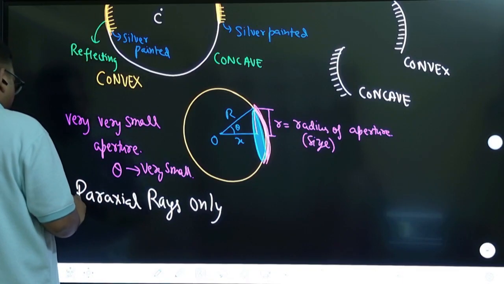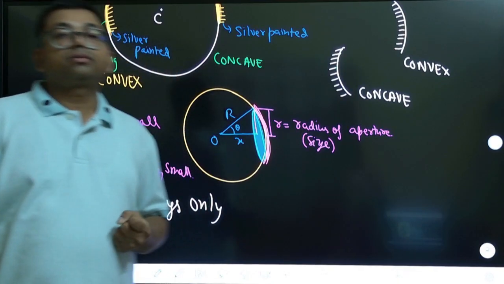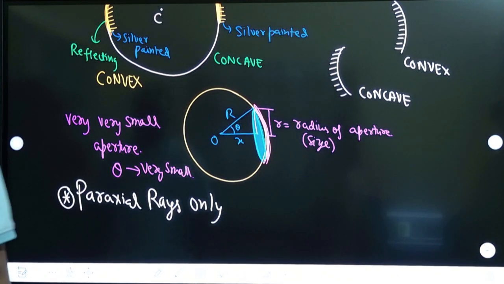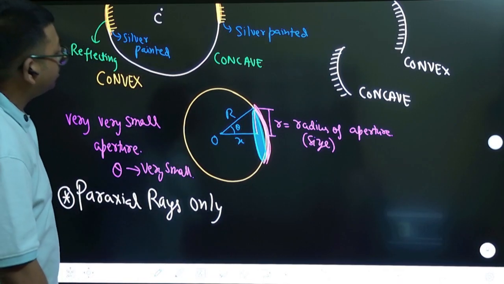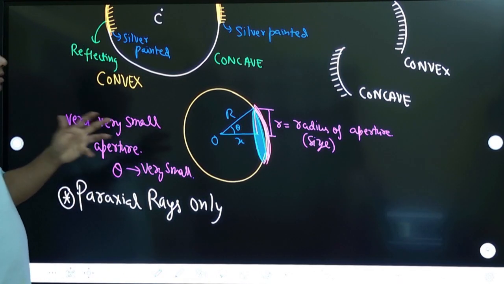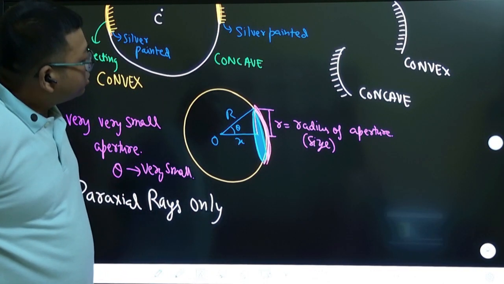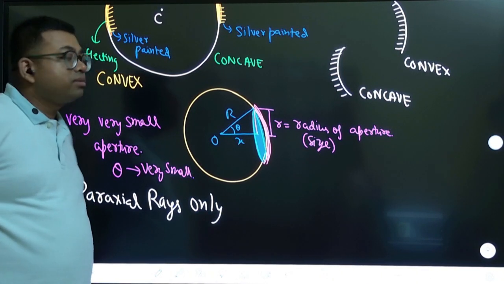All the rays used in the ray diagram are paraxial rays. Paraxial rays make very, very small angles of incidence and reflection. All those angles are very, very small. Fine. Then let us go further into detail on spherical mirrors.